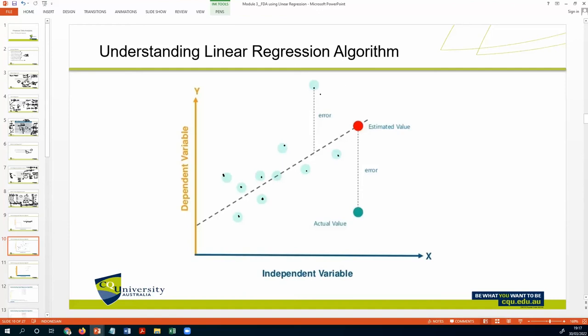The error is the distance between the coordinate and the line. This is what we call error. This is the error with the actual value. The actual value is here and the line is there. So there is error on that.